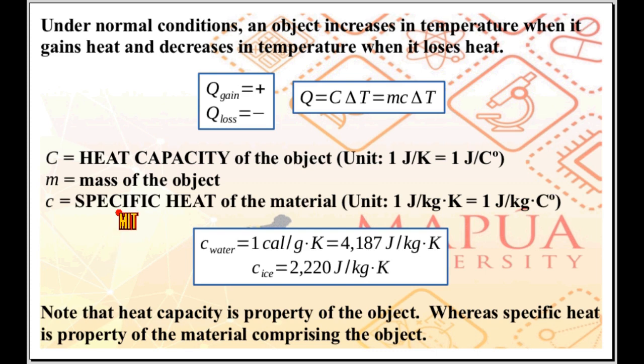So again, under normal conditions, an object will change in temperature. If you have Q gain, temperature increases. If you have Q loss, temperature decreases. And Q = C delta T = MC delta T. Generally speaking, when an object gains or loses heat energy, the temperature of the object will change.